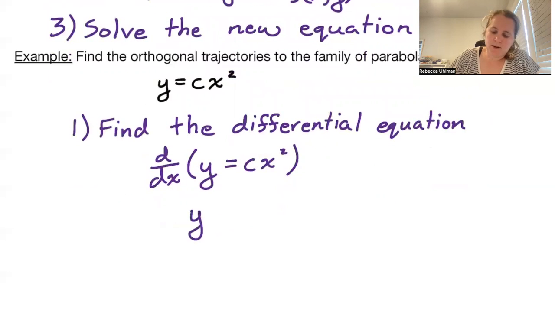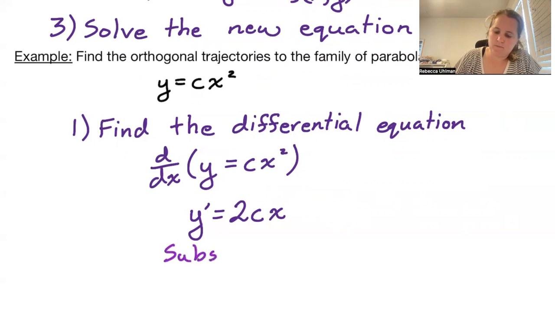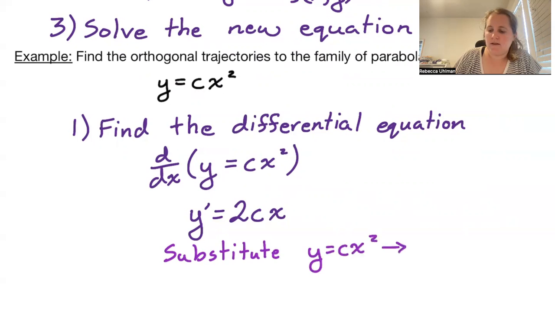And we get y prime is equal to 2cx. Now we need to do our substitution. So we have this first equation for our substitution. y equals cx squared tells us that c is, sorry, c is y over x squared.